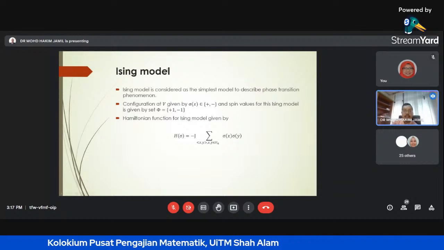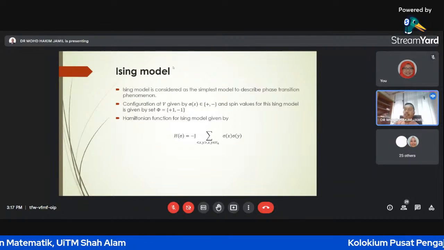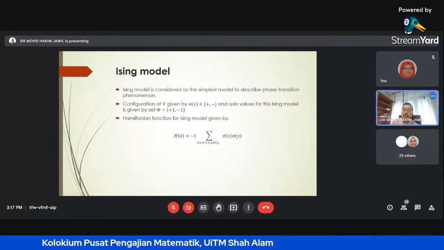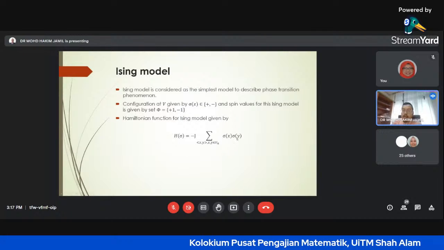For the Ising model, as I mentioned before, for each model the difference is in the Hamiltonian function. For the Hamiltonian function of the Ising model, we have negative J summation over these vertices of sigma x times sigma y.